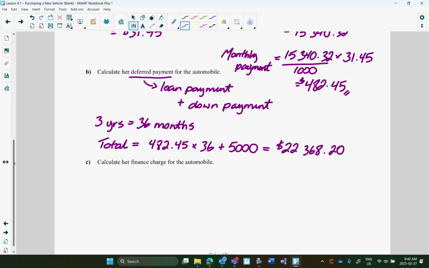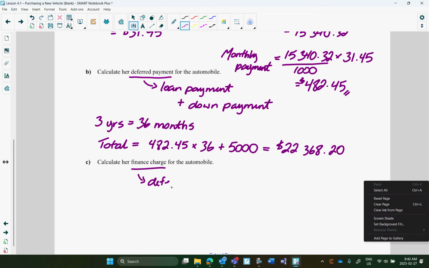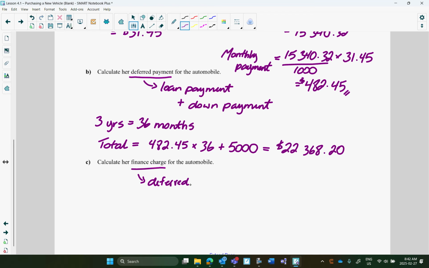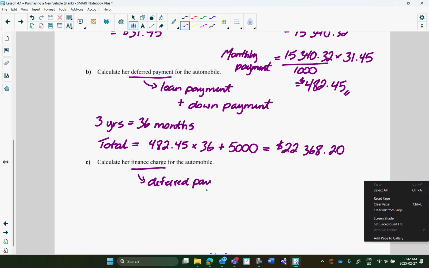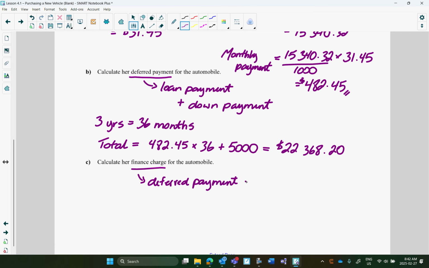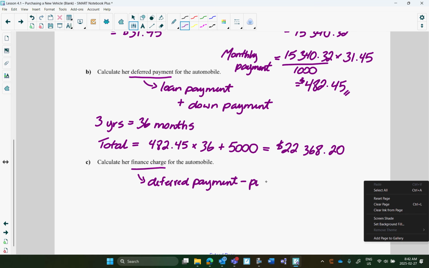Finally, the finance charge. That's your deferred payments minus the original purchase price.